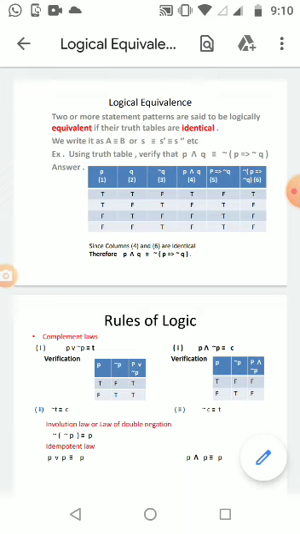In the fourth column the values are T, F, F, F, first T and remaining F, and in the last column the same values are repeated, one T and the remaining three F. So we see that columns 4 and 6 are identical, and therefore we say that the given statement patterns are equivalent.